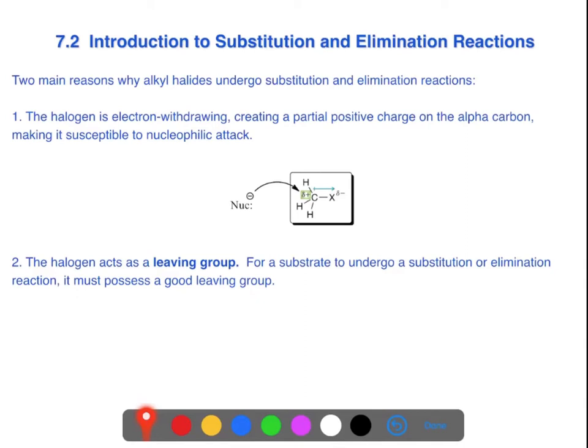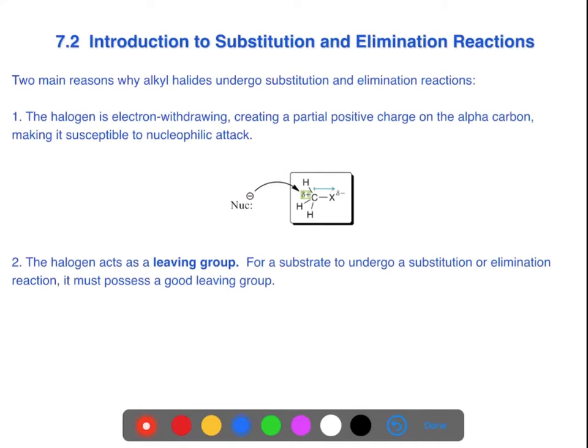Because the halogen is so electron withdrawing relative to carbon, that carbon will have a partial positive charge associated with it. As a result, that partial positive charge makes that carbon more susceptible to nucleophilic attack. As you can see here, the nucleophile is attacking that partial positive charge on carbon. And that carbon, again, is referred to as the alpha carbon in this particular reaction.